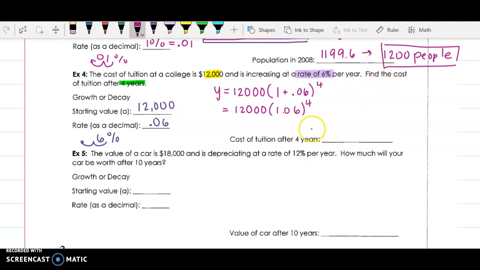Plug that into your calculator, and I really encourage you to practice along with me using your calculator correctly, because oftentimes students can substitute the values into the equation correctly, but then they make errors when they input it into their calculator and get the final answer wrong. So the final answer, the cost of tuition after 4 years, is $15,149.72.